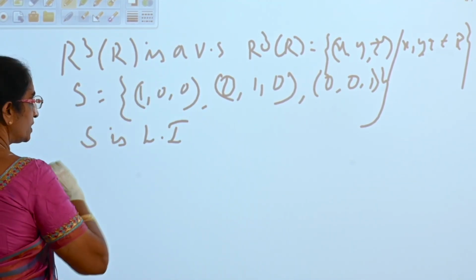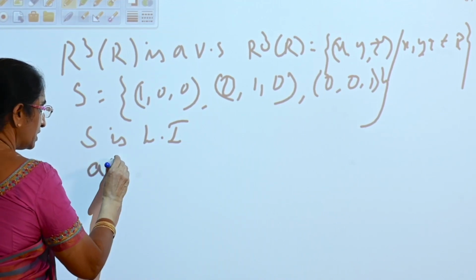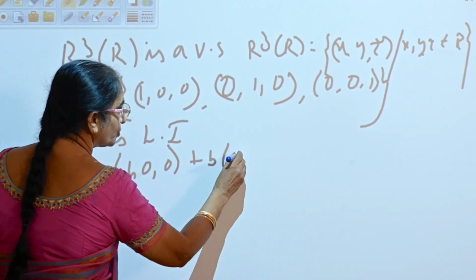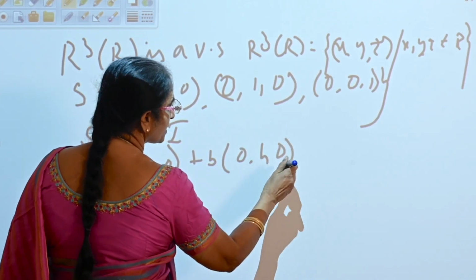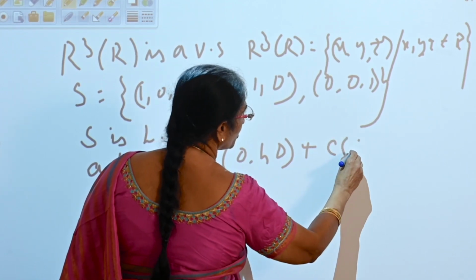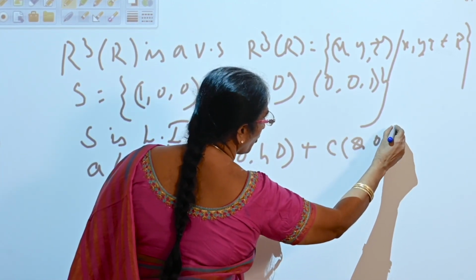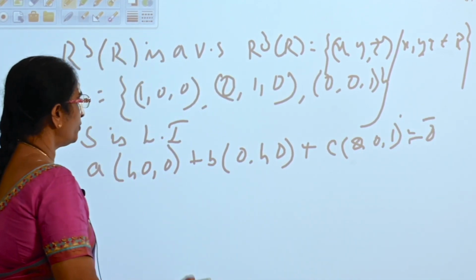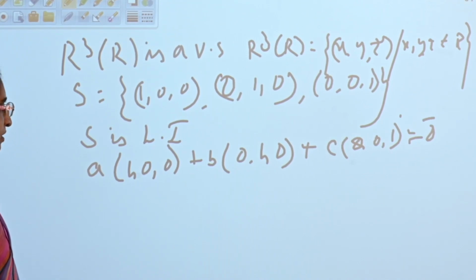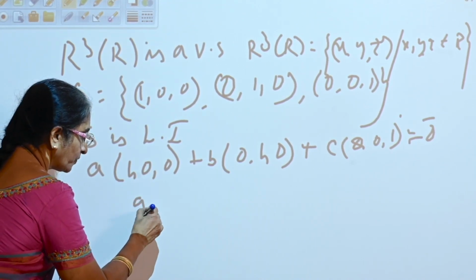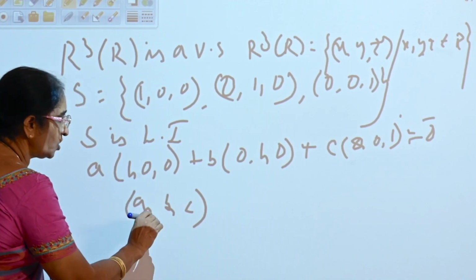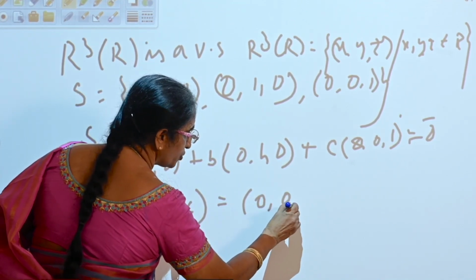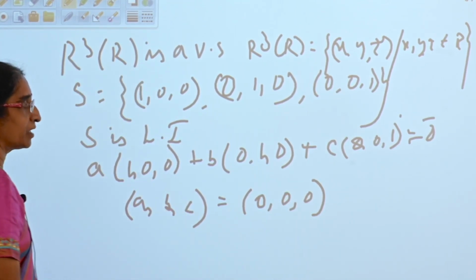In order to prove that S is linearly independent, consider a(1, 0, 0) + b(0, 1, 0) + c(0, 0, 1) = 0 bar. Now if you take this, it will be (a, b, c), and this will be equal to (0, 0, 0) because that is 0 bar in R3.